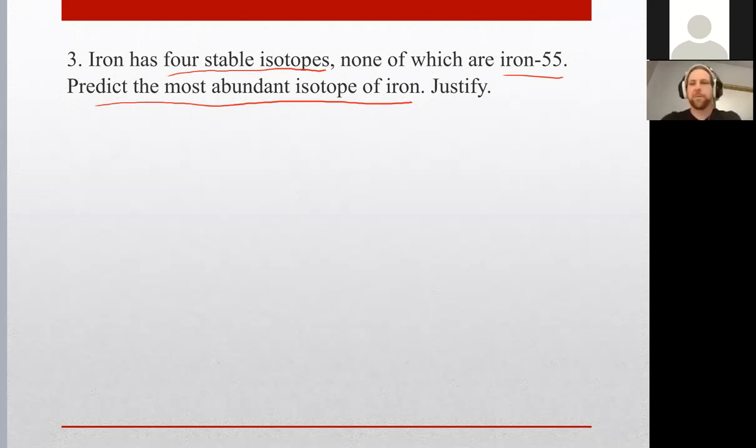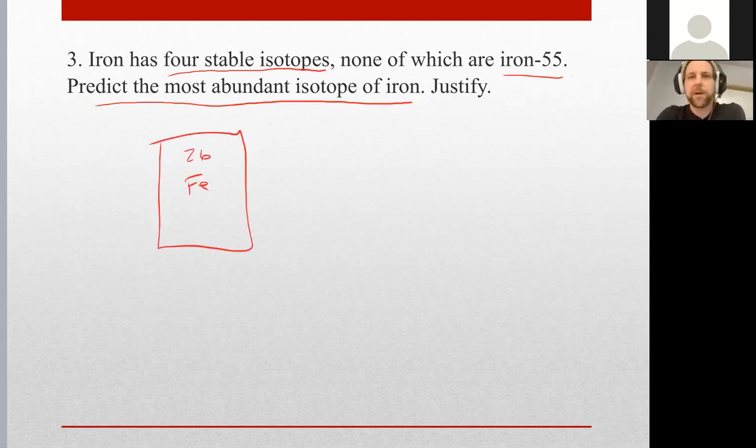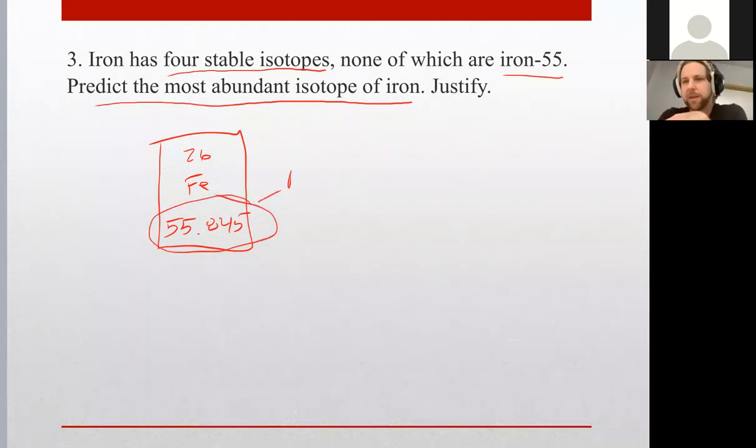And the molar mass of iron, when you look at the tile for iron, we have the atomic number here, and it says 55.845. And as far as the most abundant, if this 55.845 is the molar mass or the average of all isotopes, then what we can do to predict the most abundant one is just round this up to the nearest whole number.